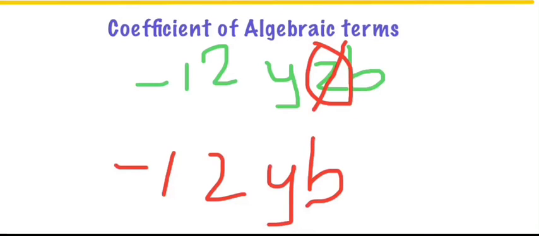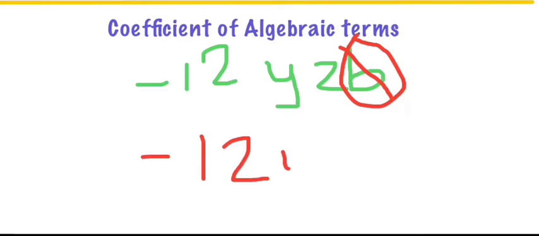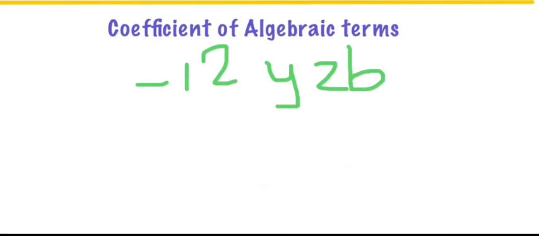Similarly, in this question, if I ask you to find the coefficient of b, as we did for all, I just have to cut this b, and I have to write minus 12yz. And the last form is that if I tell you to find the numerical coefficient of this particular term, that would be minus 12.